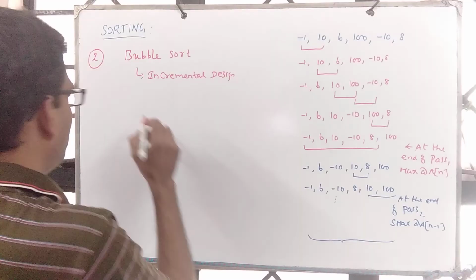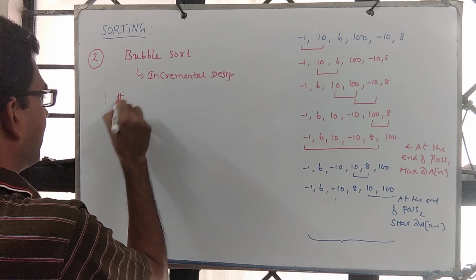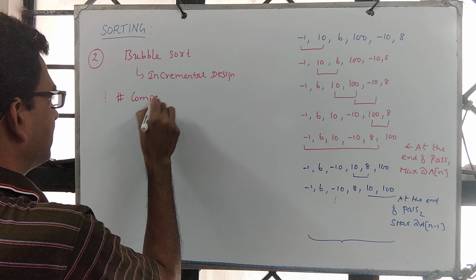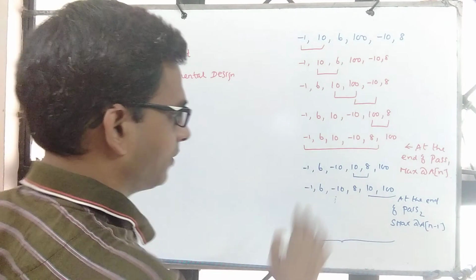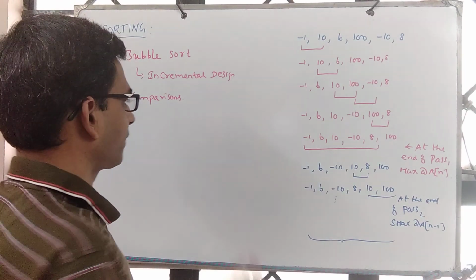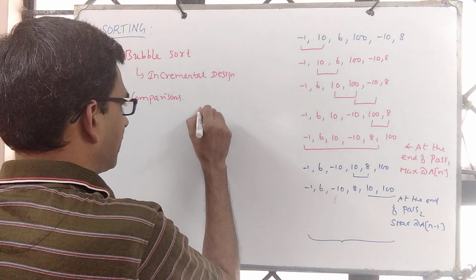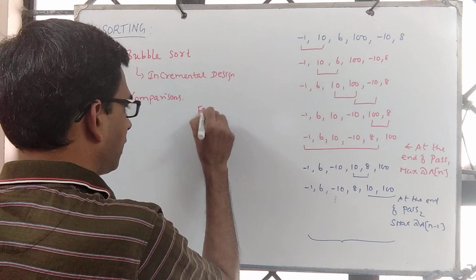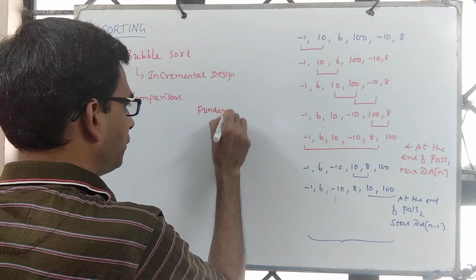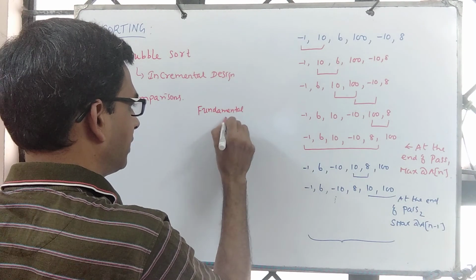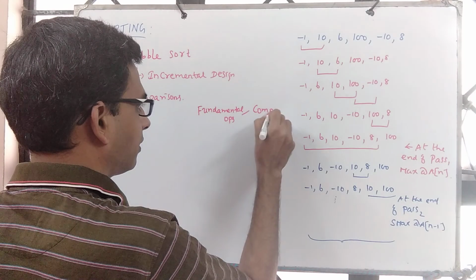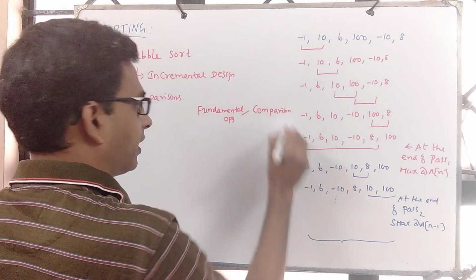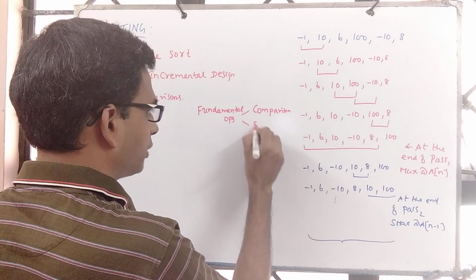Now we want to know the number of comparisons to perform this computation. Please note the fundamental operations: we do two things. One is comparison, and in some cases we also swap.